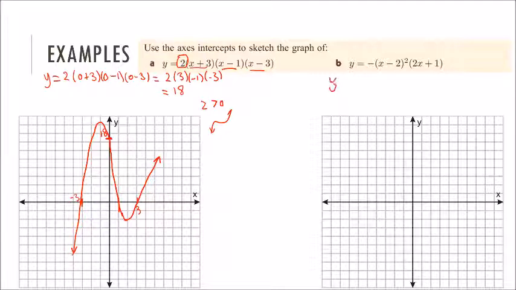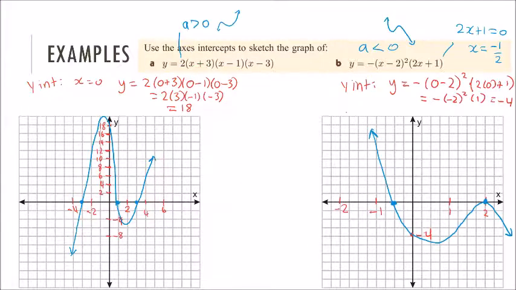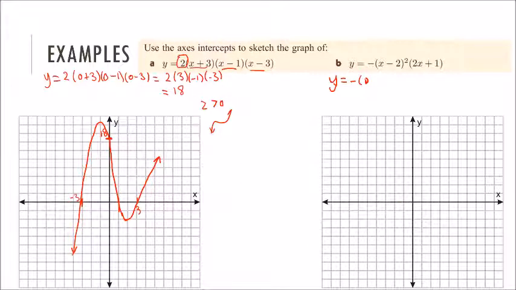So find our y-intercept. So that's going to be negative lots of 0, 0 minus 2 squared times 2 lots of 0. Having a field day with the technology. Plus 1.